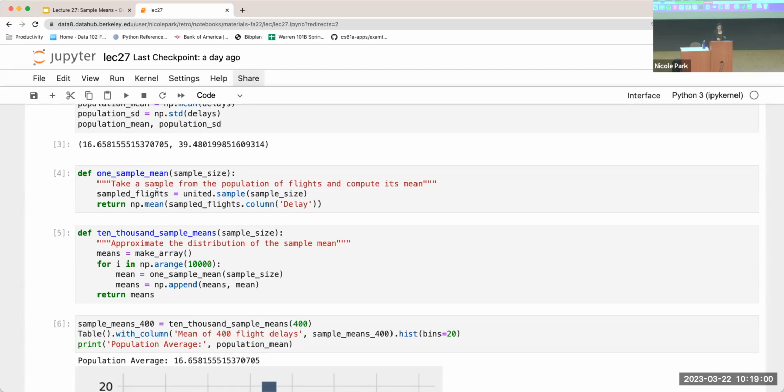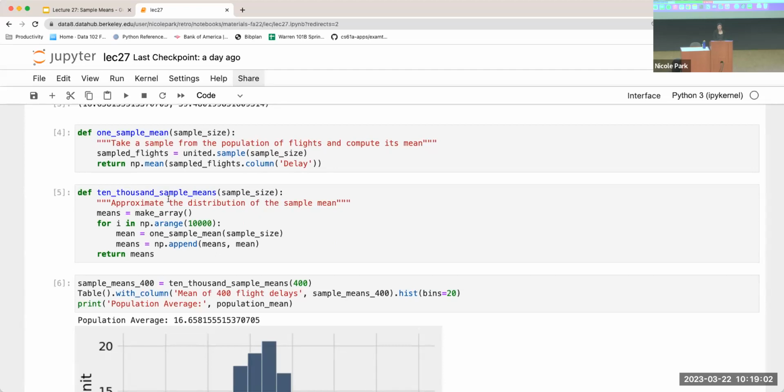From there, we're also going to code something called 10,000 sample means, which means I'm going to create 10,000 different samples of that original sample size. So if I put 100 here, and then 100 here, it's saying I'm going to get 10,000 samples of size 100. So I'm going to sample 100, 10,000 times, is what it's doing. Yes, question?